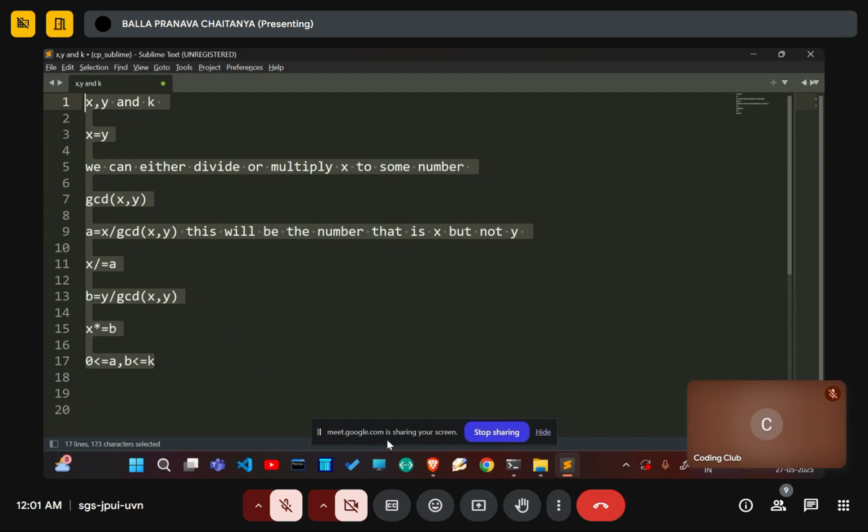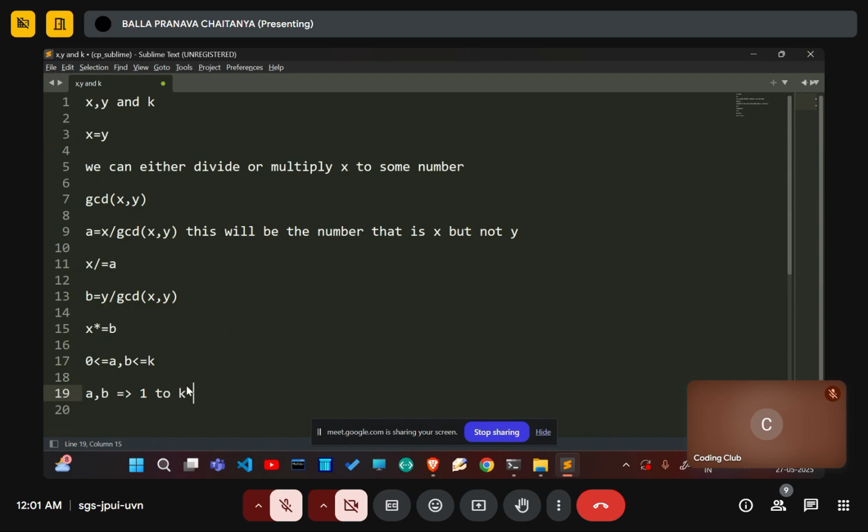The problem is now reduced to two numbers, a and b. We have to produce a and b as products of numbers from 1 to k, and the count of numbers in the product should also be minimized.